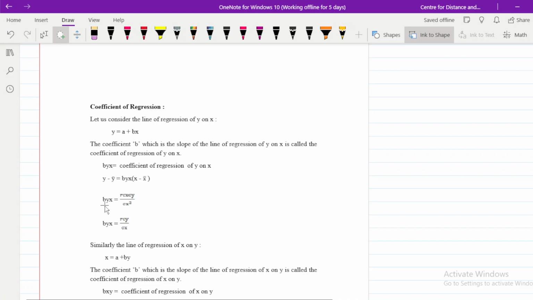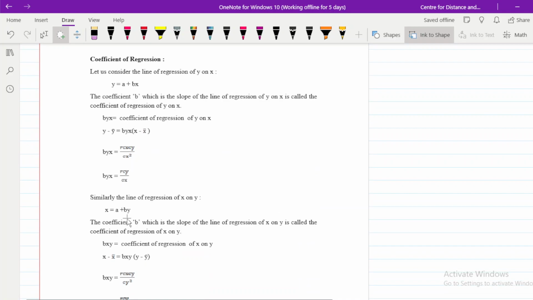We know that byx is equal to r sigma x sigma y divided by sigma x square. Cancelling sigma x from numerator and denominator, we get byx is equal to r sigma y divided by sigma x.